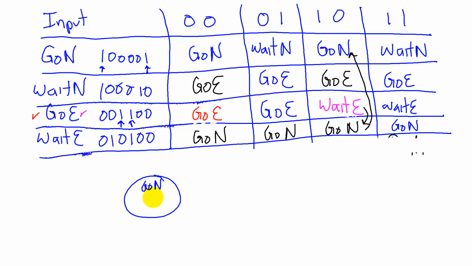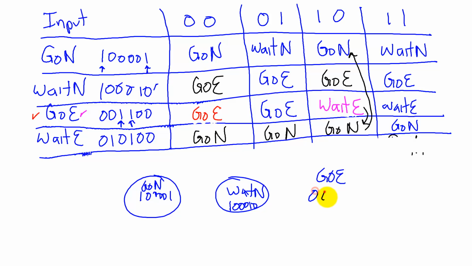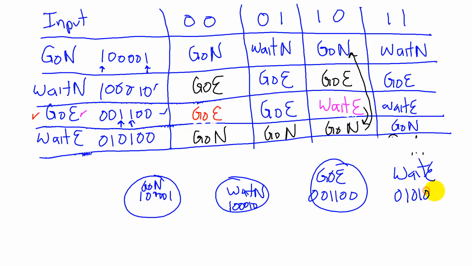So in a finite state machine graph, we have the name of the state and the output pattern: 1 0 0 0 0 1, wait n, right here 1 0 0 0 1 0. You see that's this. We have go east, which is 0 0 1 1 0 0. That's this. And we have one more, wait east, which is 0 1 0 1 0 0.